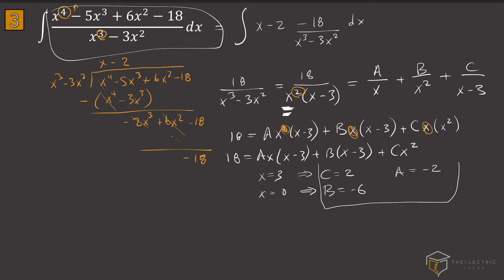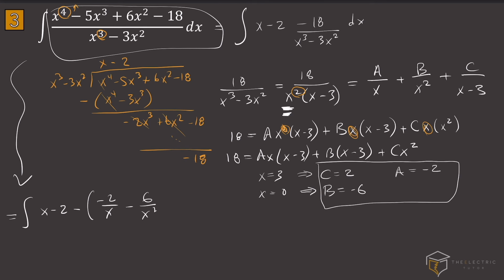So now that I have my three missing variables, I can go ahead and rewrite my integral once more. So going back here, it's going to be equal to the integral of x minus 2 minus, open parentheses, a, which is minus 2 over x, plus b, and b is minus 6 over x squared. C is positive, so plus 2 over x minus 3 dx.